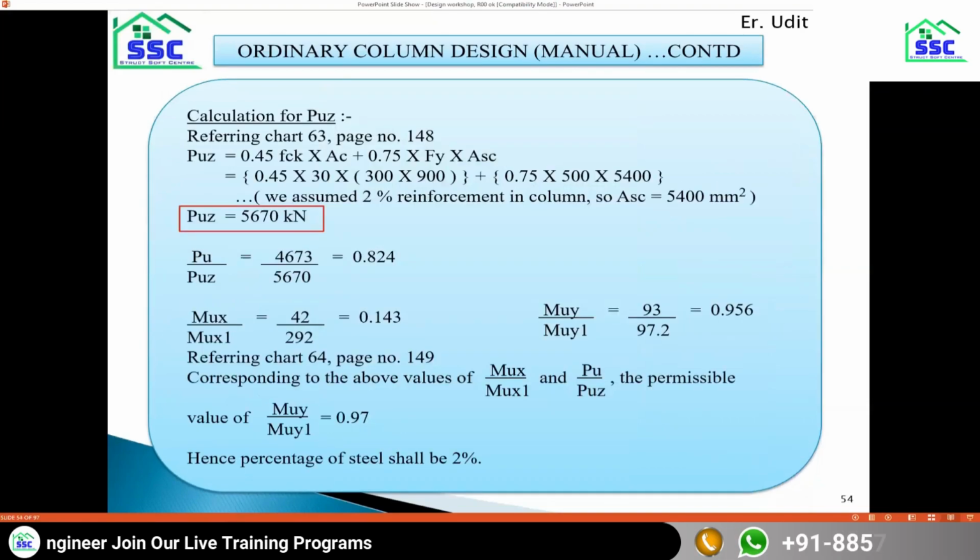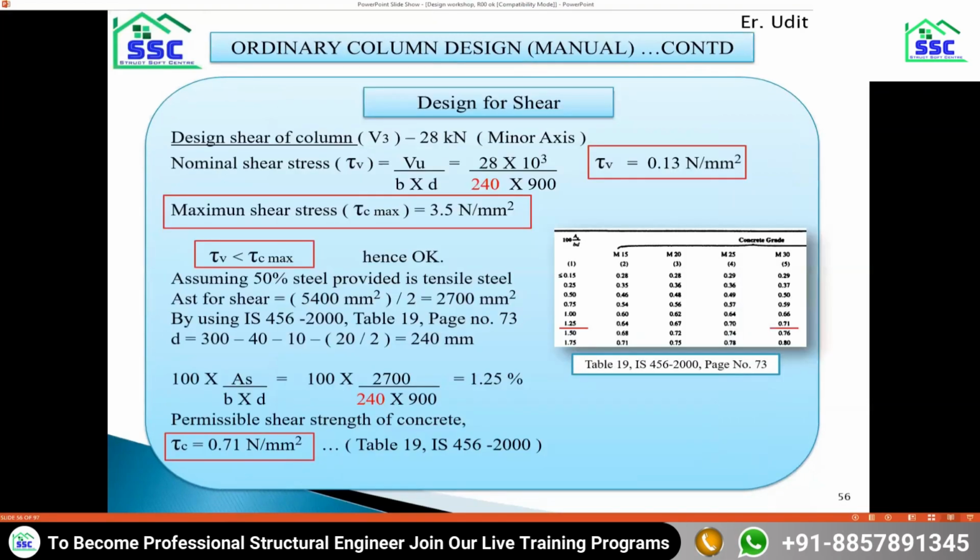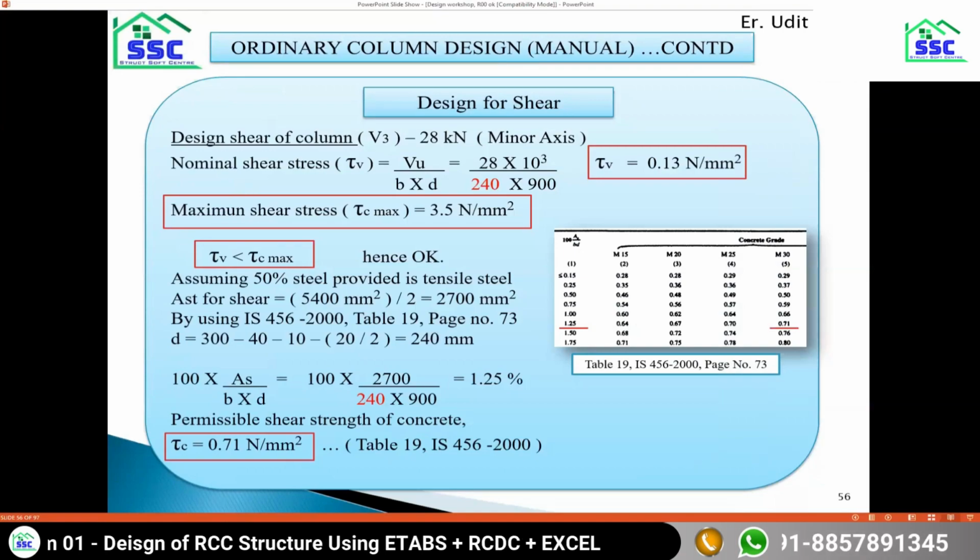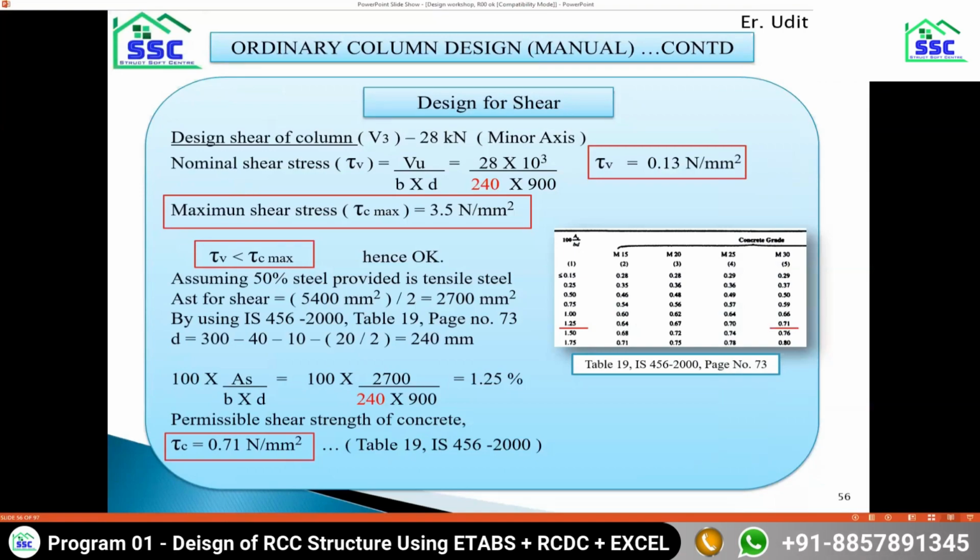So let us take this value of analysis shear force 28 kilonewton and find out the value of design shear force. Now, when you are designing an ordinary column, the analysis shear force and the design shear force are the same. Like we did it for the beams yesterday. When we were designing ordinary beams, the design shear and the analysis shear were the same.